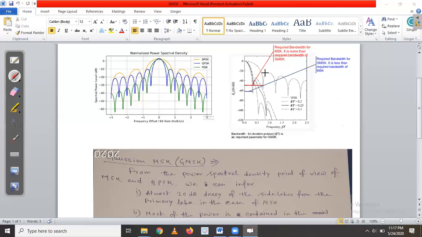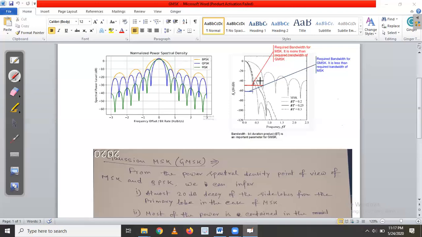In the case of GMSK, it is far better. The first lobe and second lobe have almost a minus 30 dB gap. So GMSK is far better than MSK from both points of view: power contained in the first lobe or main lobe, and required bandwidth.